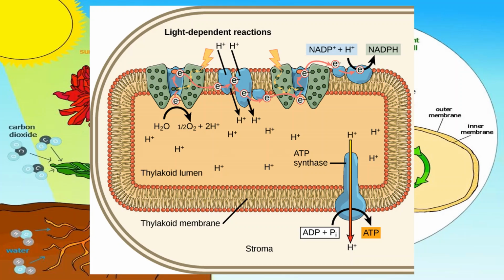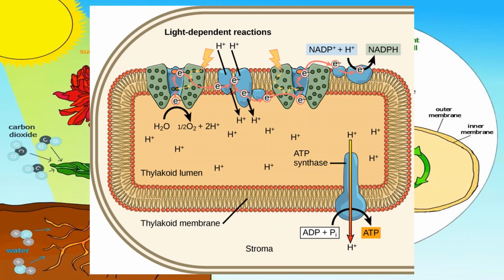A portion of the thylakoid membrane is on the left and encloses the thylakoid's lumen. Embedded in it are various photosystems and protein complexes which form an electron transport chain. Excited electrons move along the transport chain and are ultimately used to reduce NADP+, producing NADPH.